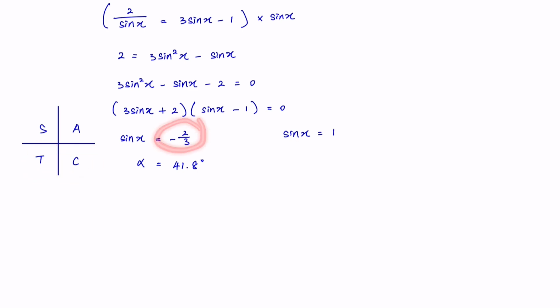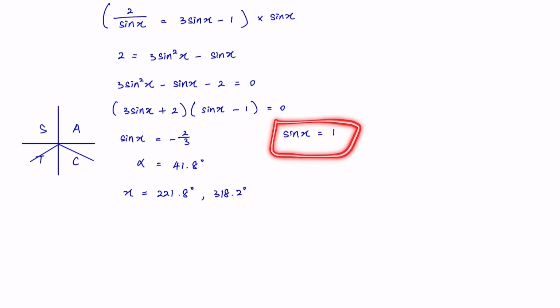So since this is a negative number, we need our angle to be in the third and the fourth quadrant. For the third quadrant, we have 180 plus 41.8, so we get 221.8 degrees. And for the fourth quadrant, we have 360 minus 41.8, so we have 318.2 degrees.